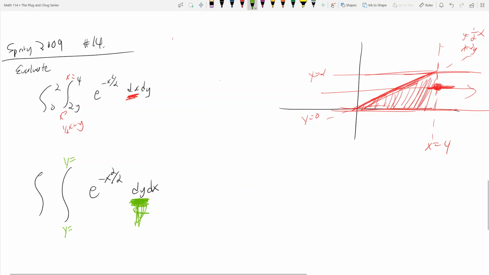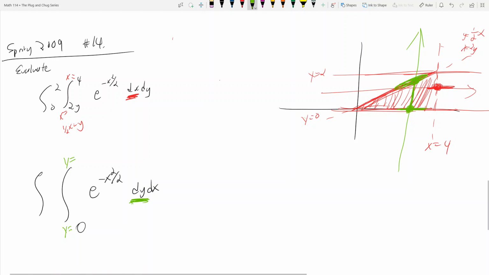So, okay, let's do that. Then I draw a line through my region parallel to the y-axis. And what happened? Well, I hit that guy, enter my region, and then I hit the slanted line. So, okay, I hit this bottom line first. Well, that's easy. That's y equals 0. So, y equals 0. And then I hit the slanted line.